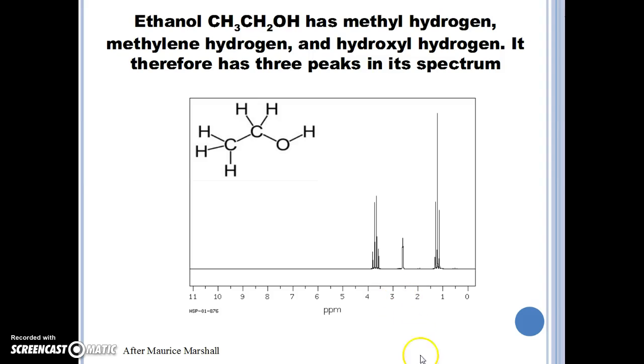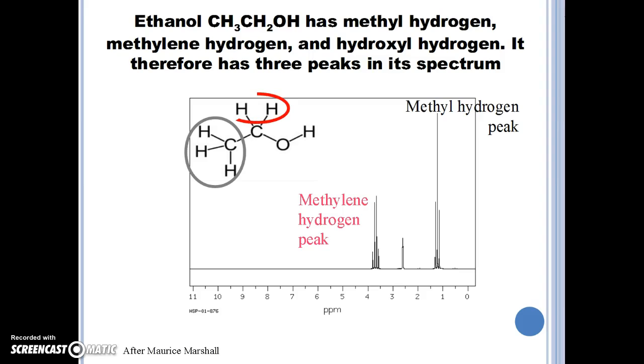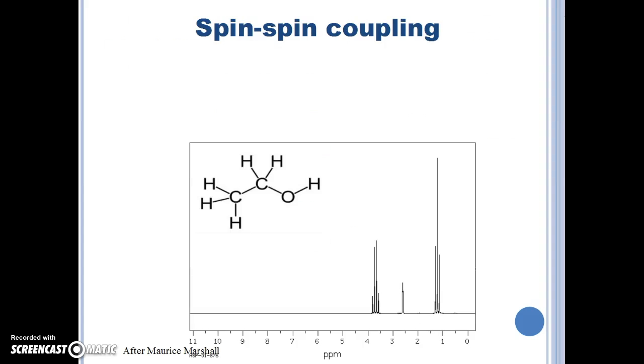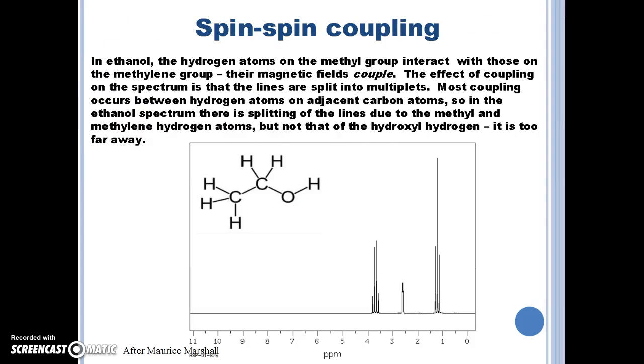So you see three peaks, and there you go. They are proportional in size. Methyl, methylene, and hydroxyl hydrogen peak. Spin-spin coupling is just a matter of each one of the hydrogens affecting the others, and so you get these little minor lines showing up around the major lines.